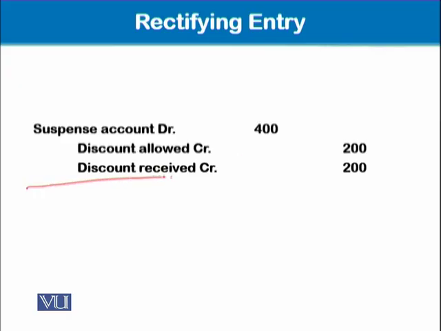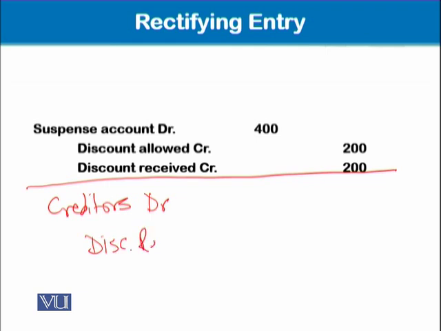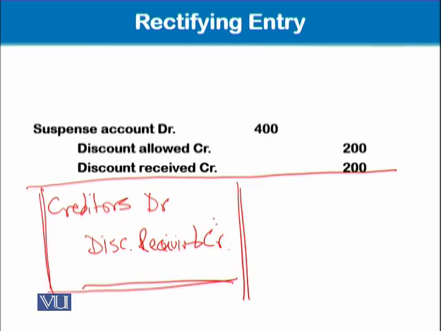Let me tell you like this, that correct entry was that creditors, the suppliers, were to be debited and discount received were to be credited. This was the correct accounting entry that was supposed to be done with this 200.